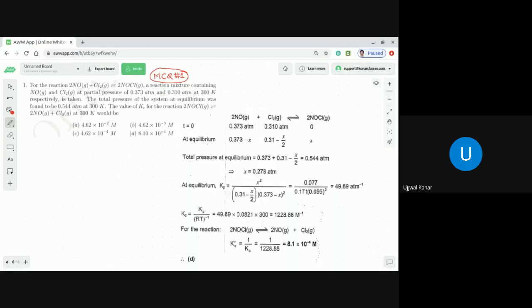So first consider the equation, and at t equal to 0, these are the values, correct? And at equilibrium, definitely these will be the values, correct?